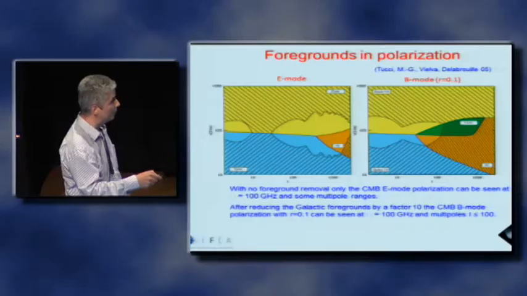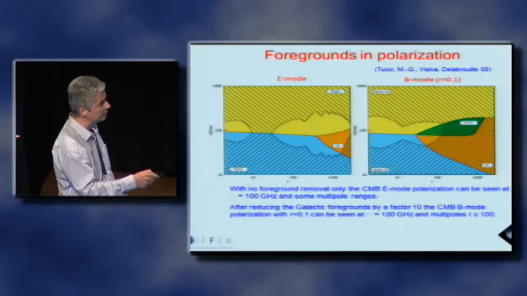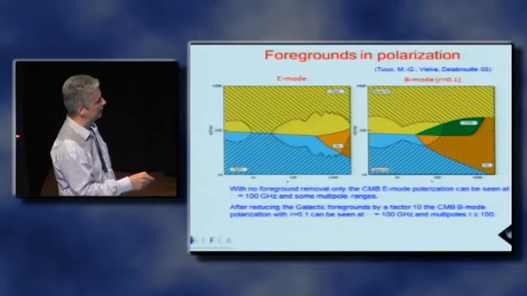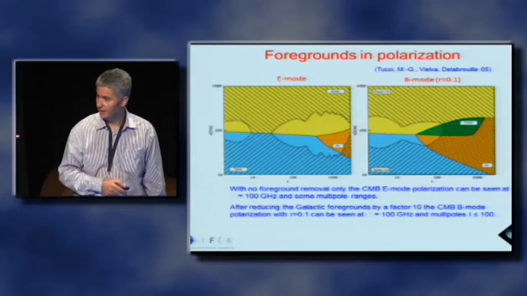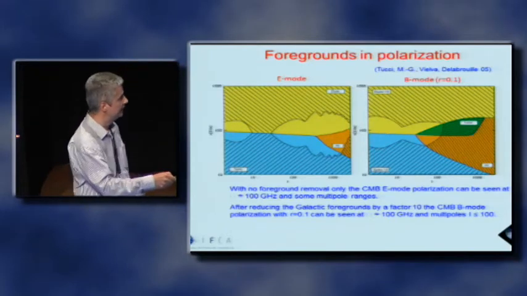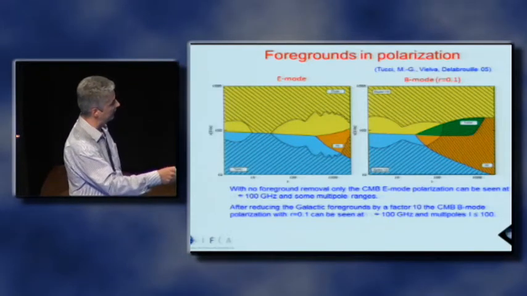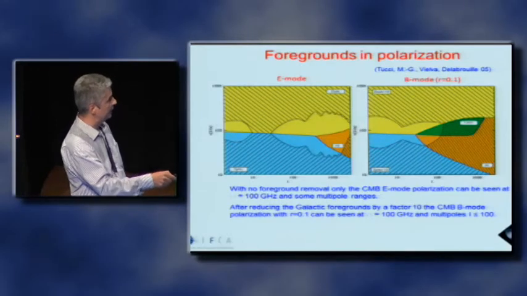Whereas for the B mode, for this value of the B mode, you see that you need to reduce both dust and synchrotron by a factor of 10 in order to see this window at around 100 GHz. And this was already the situation in 2005.